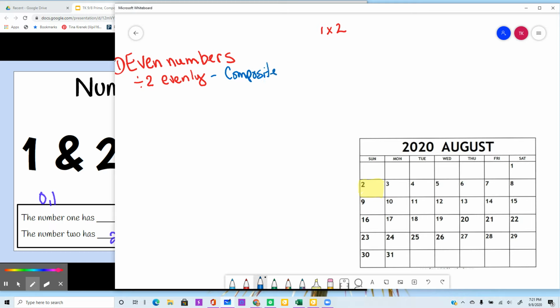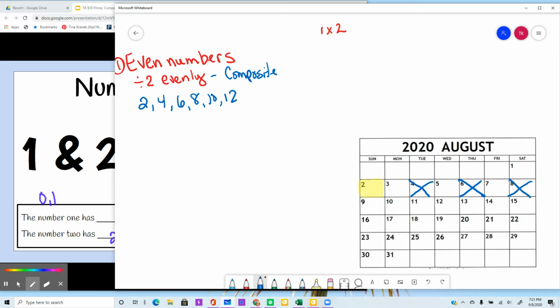So let's talk about what even numbers are. Even numbers, so when you skip count by 2, numbers that end in 2, 4, 6, 8, 10, 12, and so on. And you can see that the pattern starts to repeat. So if we look at our calendar, 4 is divided by 2, so it's composite. 6 can be divided by 2.